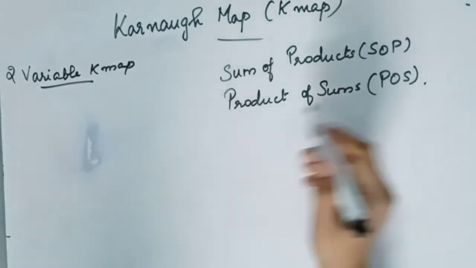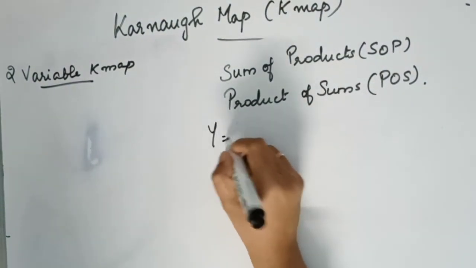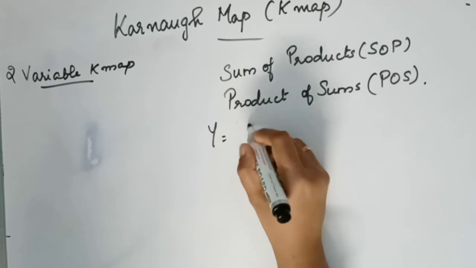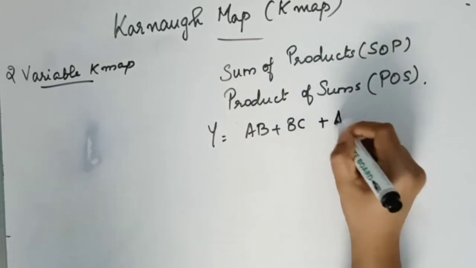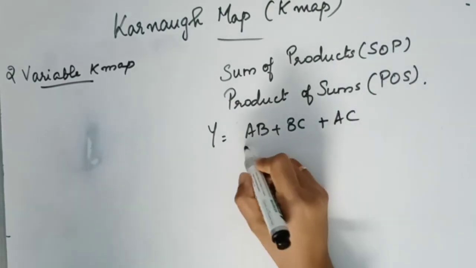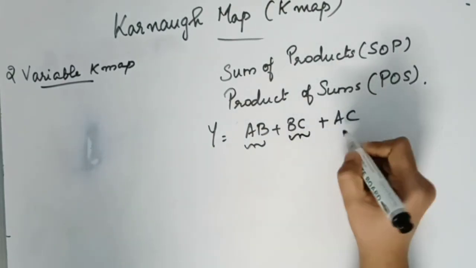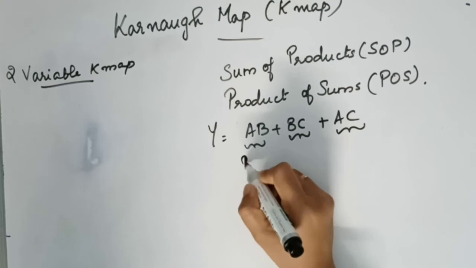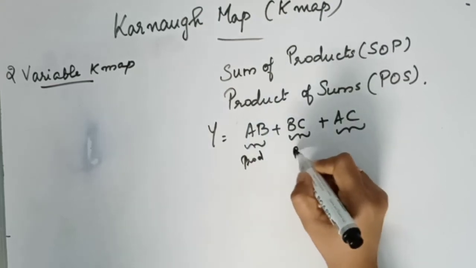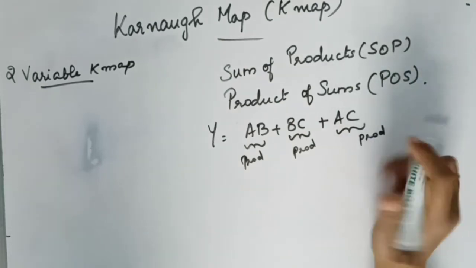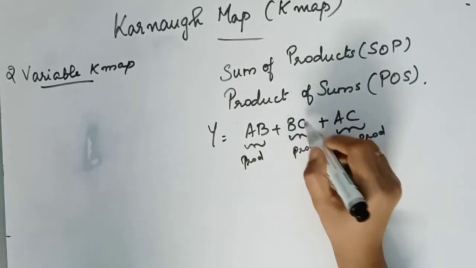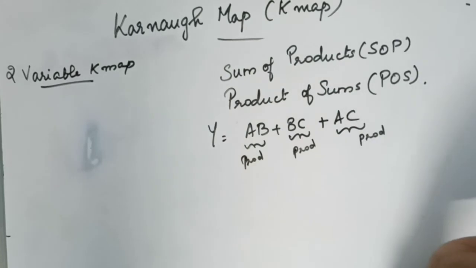Now what is sum of product and what is product of sum? Sum of product means, suppose you have an expression, say y equal to AB plus BC plus AC, something like this. Each of these terms is a product. This is a product, this is a product, this is a product. That is AND, you are ANDing the variables.